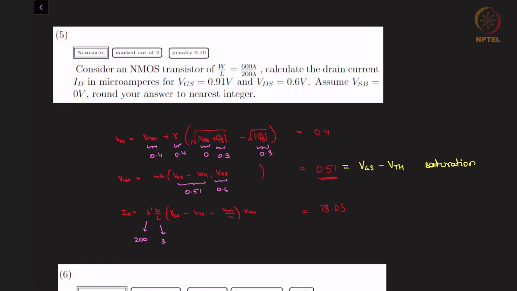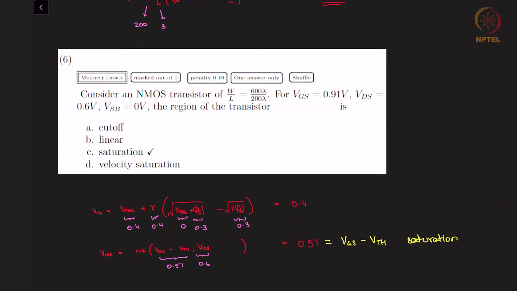So Vmin is 0.51. It came out to be VGS minus VTH. And since this is a long channel device, there is no VD sat, so it's therefore saturation. The current value is 78.03. Right, so and here it's just the region that we calculated previously.